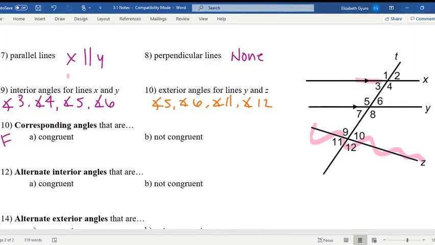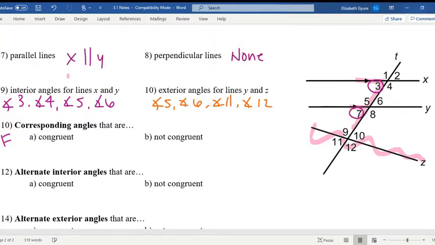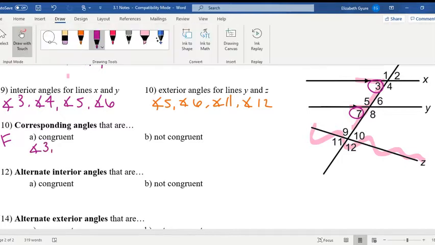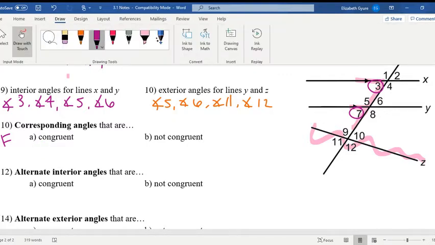So I'm going to say that angle 3 and angle 7 would actually be a pair of corresponding angles here, 3 and 7. They make your F shape. They're both on the left of your transversal and below those parallel lines. So angle 3 with angle 7 would be one example.